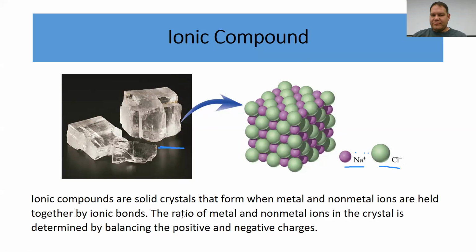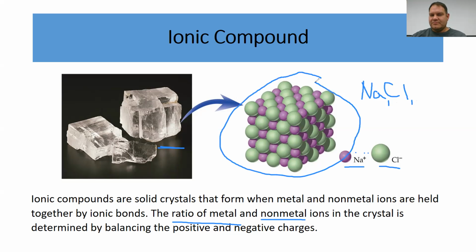Now, the ratio between the metal and non-metal ions in the crystal must stay the same ratio. So if we have our formula of sodium chloride, and we have a 1-to-1 ratio, we must always have 1 sodium to 1 chlorine. So within this crystalline structure here, we have to maintain that 1-to-1 ratio.